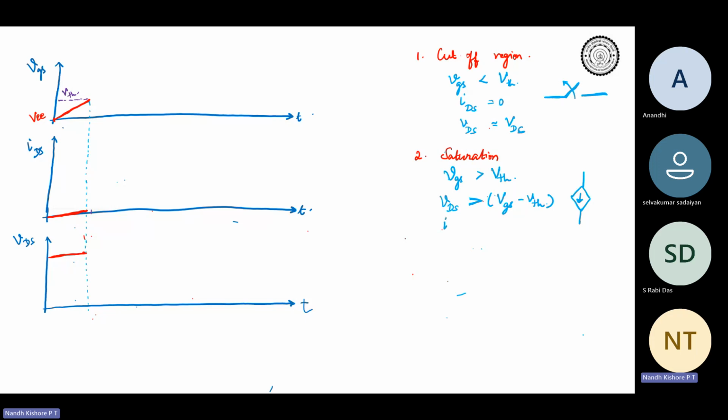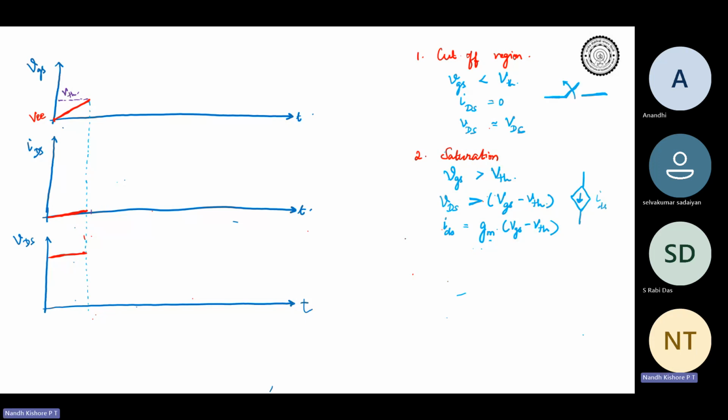So your channel current, or almost your drain source current, is GM times VGS minus V threshold. For a particular value of VGS, if your transconductance GM is fixed, the current is fixed. That is why we call this a current source.